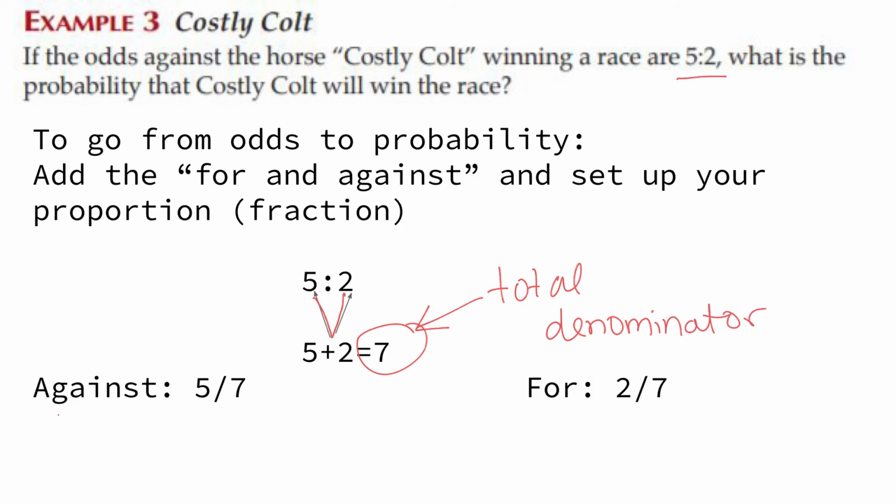And so the odds against, because that's what it started with, is 5. You do 5 divided by the total, so the probability is 5 to 7. And then the probability of it happening, so the probability for the horse, is 2 to 7.